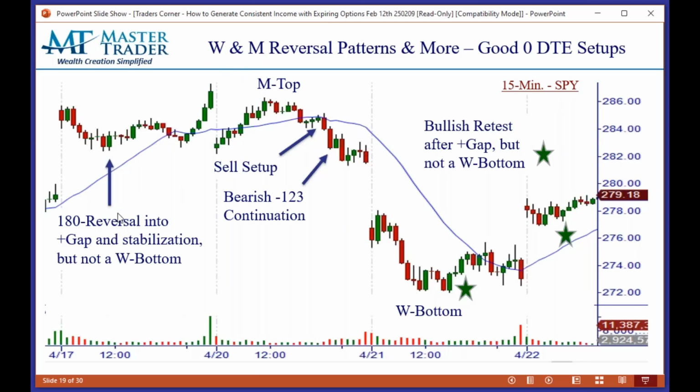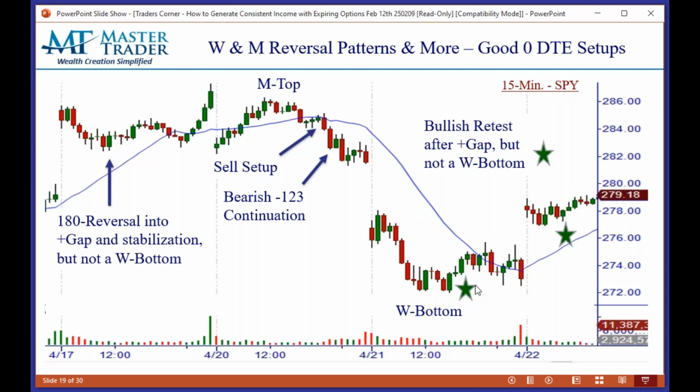Just showing you this. This is the S&P over a couple days, and we're just looking for major turns. So every one of these green spots here is a good turn. These are just here, bullish retest, but this is good. The small little M-top breakdown.